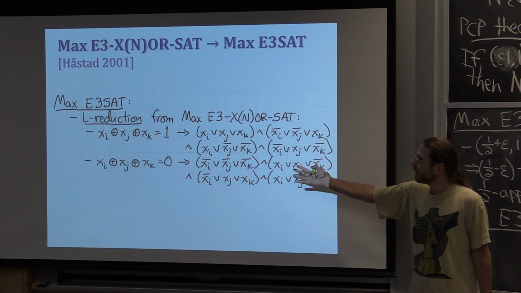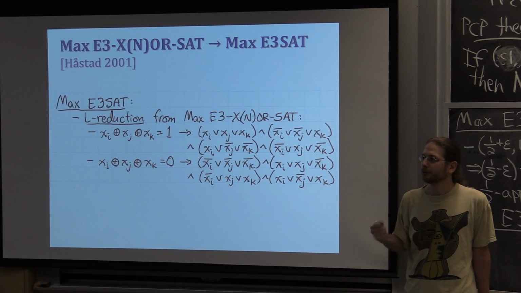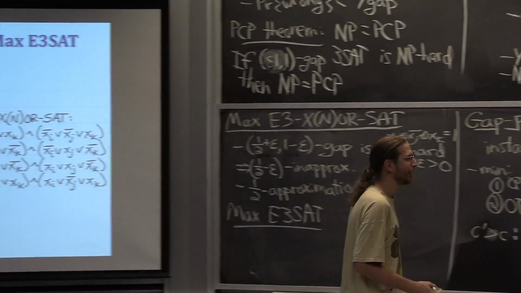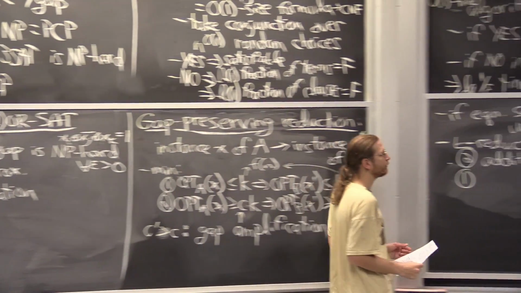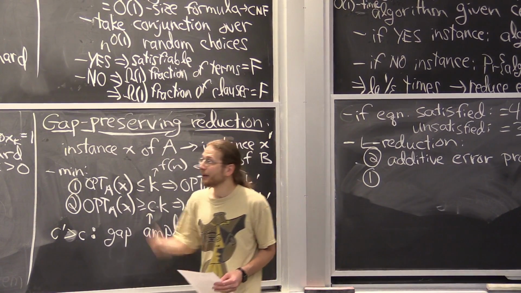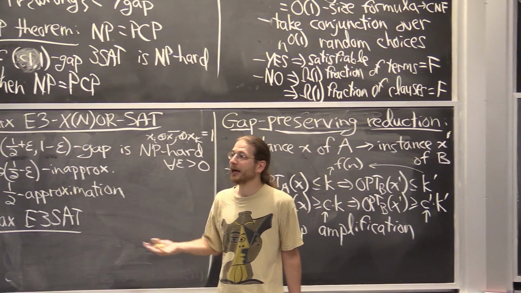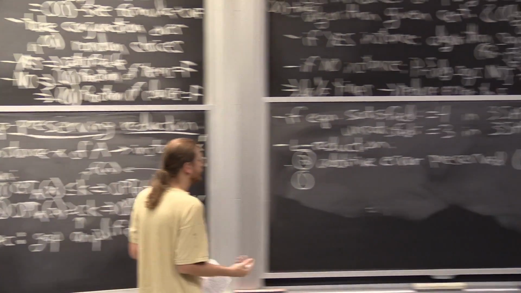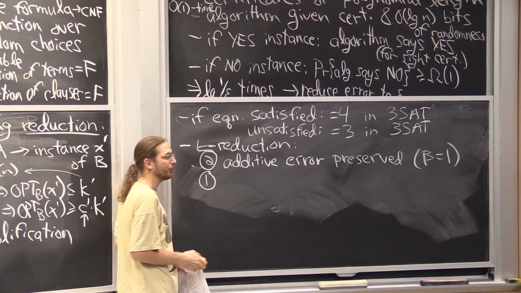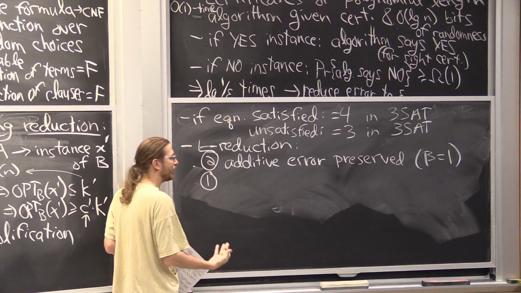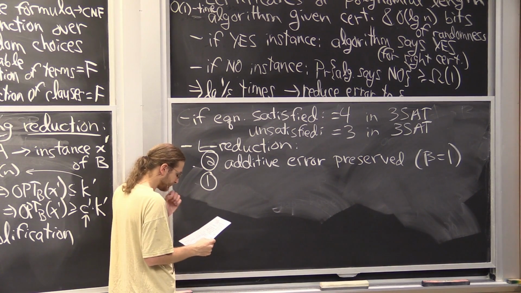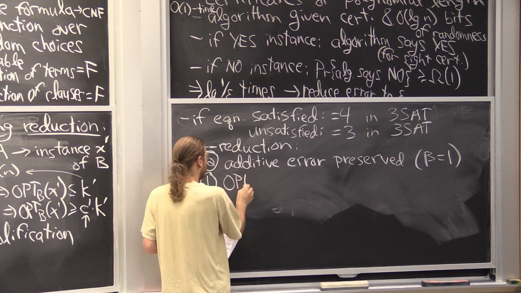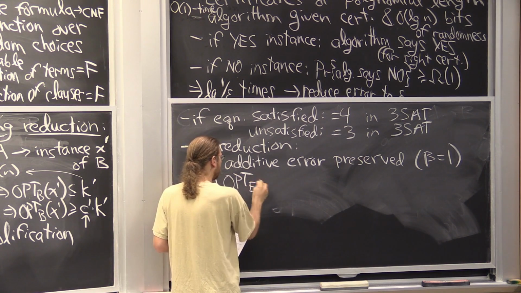Even when you don't satisfy things, you still get points, and the difference between 0 and 3 is a big ratio, so we want that to not happen too much. And it doesn't, because we know that on the left-hand side, opt is at least half of all the clauses. So it's not like there are very many unsatisfied clauses. At most half of them are unsatisfied because at least half are satisfiable in the case of opt. So here's the full argument.